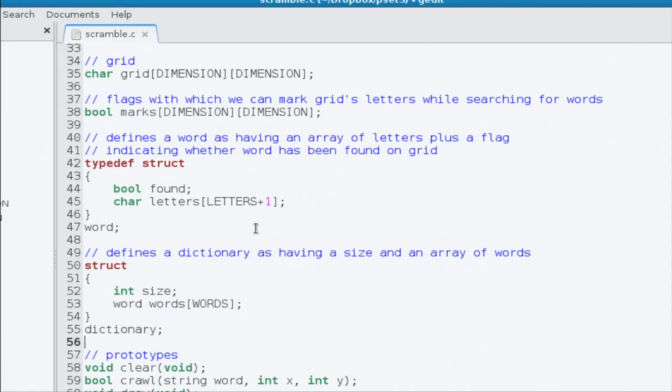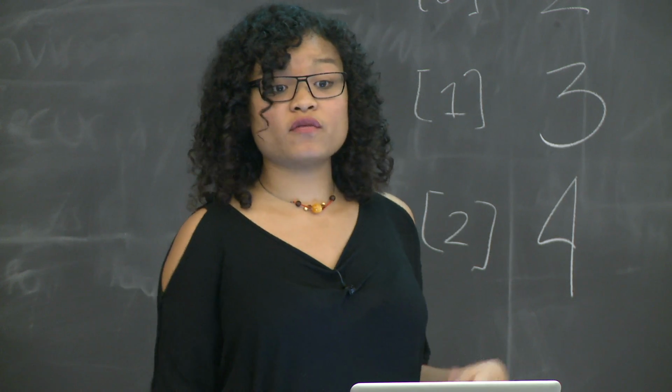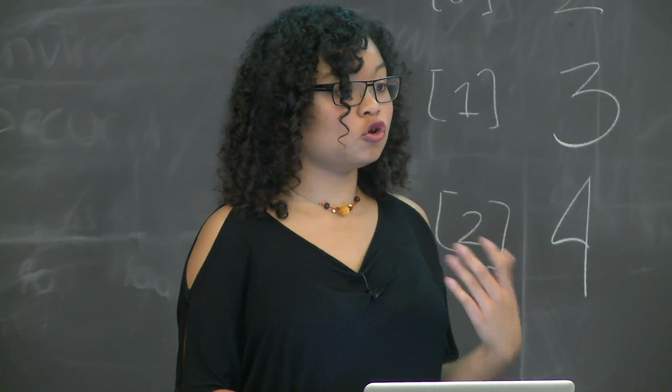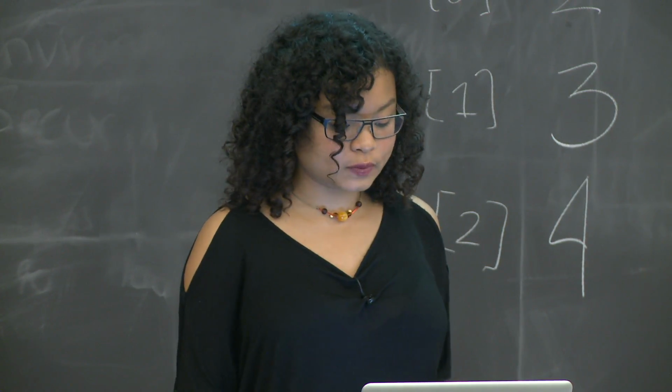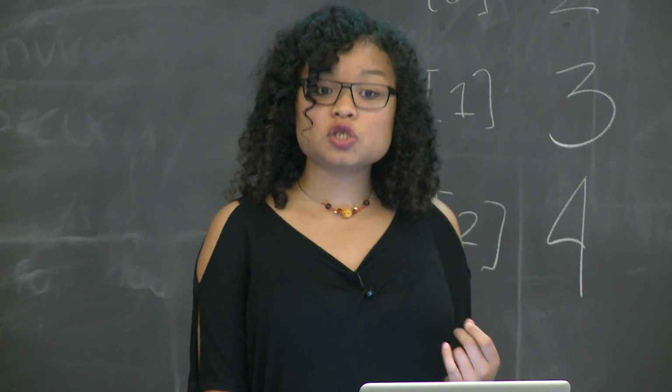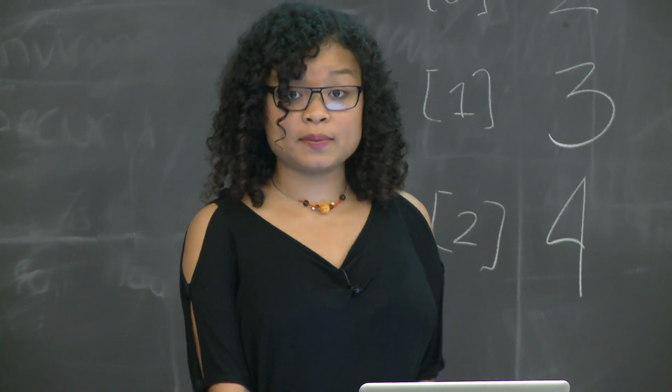Now, word is an actual new data type that we've made. So we can have an array of words, for instance, or we can make a new word and have multiple instances of them. But we only have one dictionary, and so that's why we only have a struct called dictionary as opposed to a typedef struct.